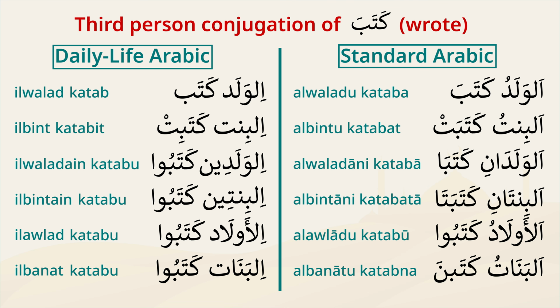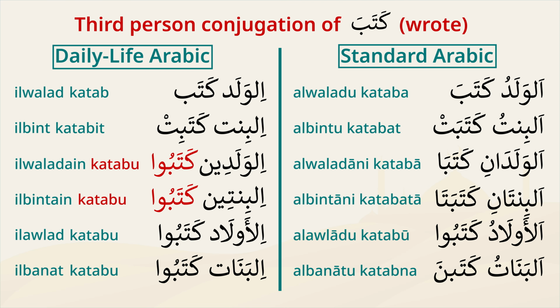Some people believe that the dual completely disappears in daily Arabic. This is not true. Dual forms still exist in nouns when referring to 2 persons, things, or objects. However, when it comes to grammar and grammatical forms, dual forms are not used. We use the plural instead. That's why we used the plural conjugation for these 2 dual nouns, كتبوا.